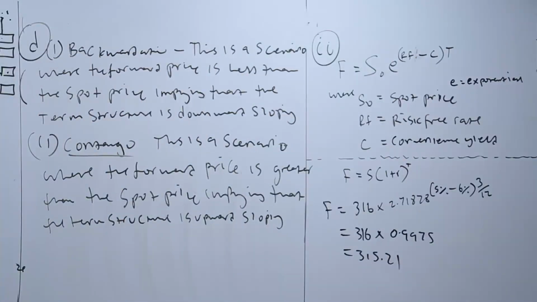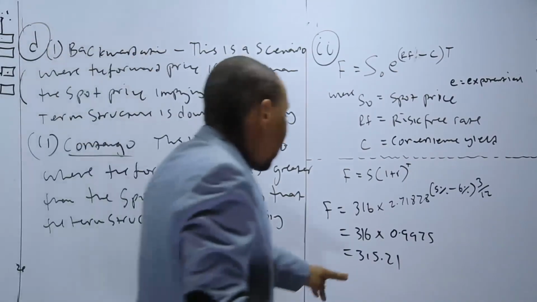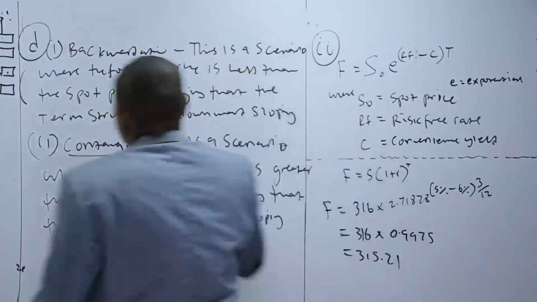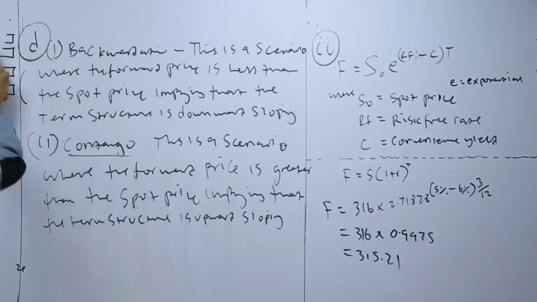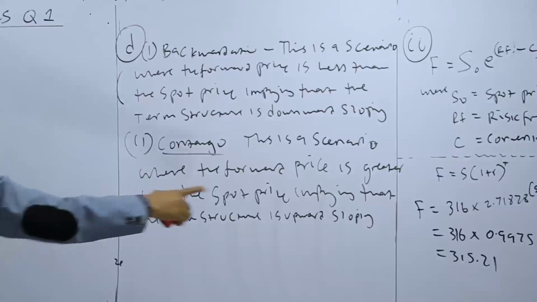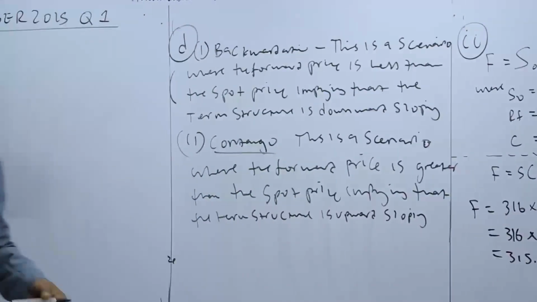Now to answer the question, we're being asked to compute the profit on reverse cash and carry arbitrage in the copper market. So we found the forward price over there, and the profit that is going to be earned is just going to be the difference between the two prices. Which two prices are we talking about? We're talking about this 315.21, the forward price.